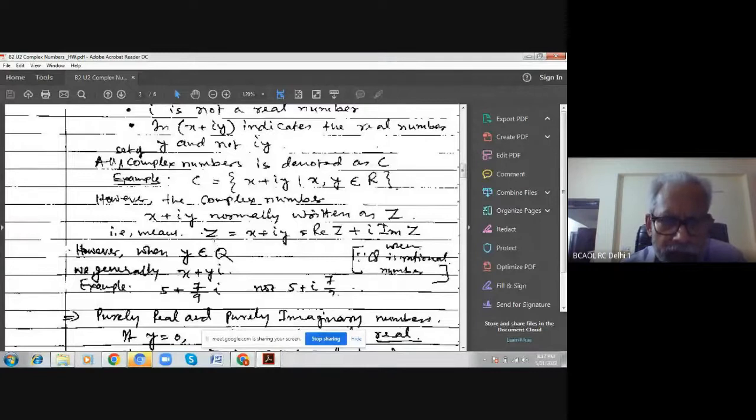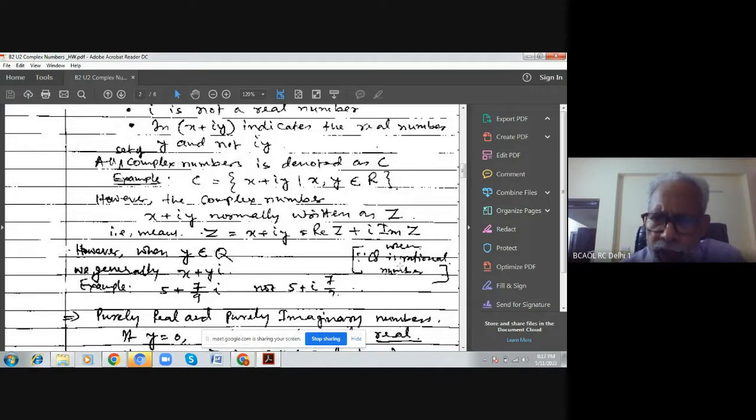So z is equal to x plus iy. Some books use z and some books use c, so don't confuse; you can put z. Most books use z for the complex number, so no problem.